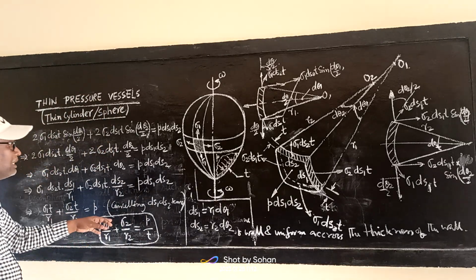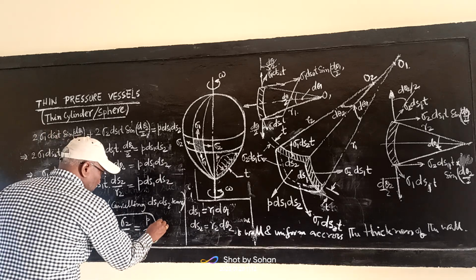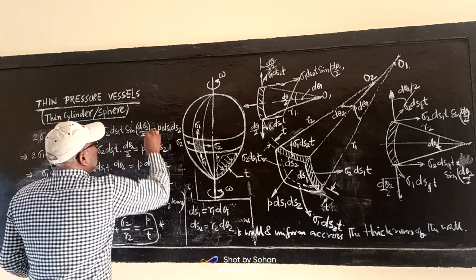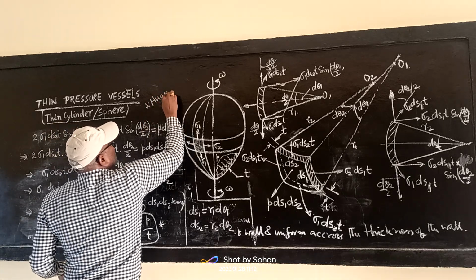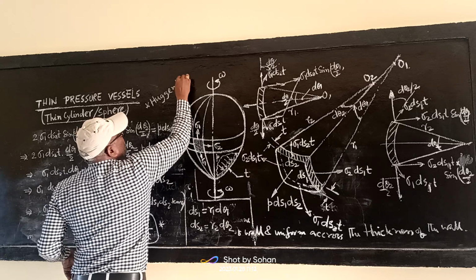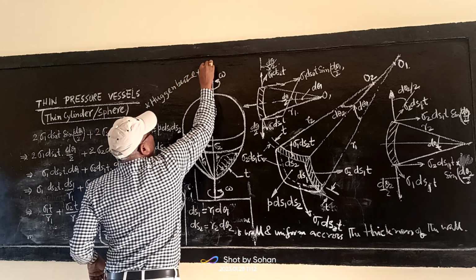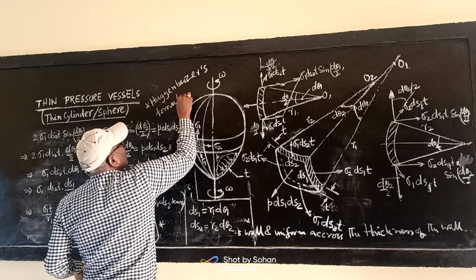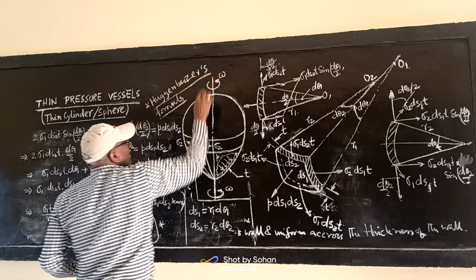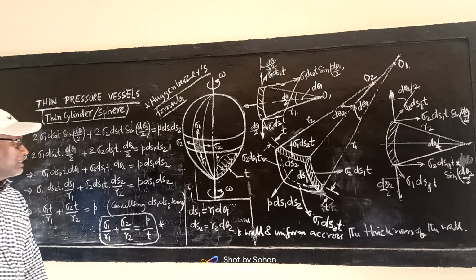This important relationship, sigma 1 by r1 plus sigma 2 by r2, was developed by an engineer from the American Society of Mechanical Engineers.